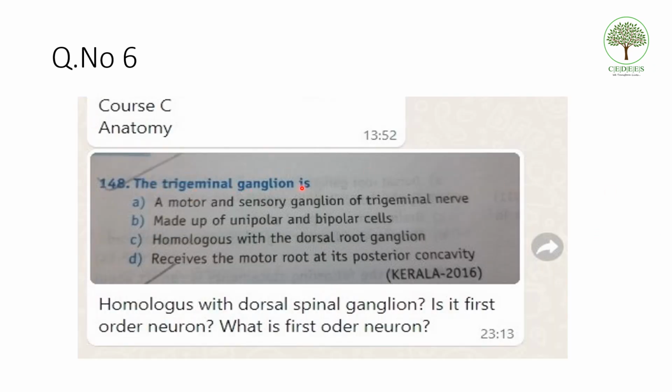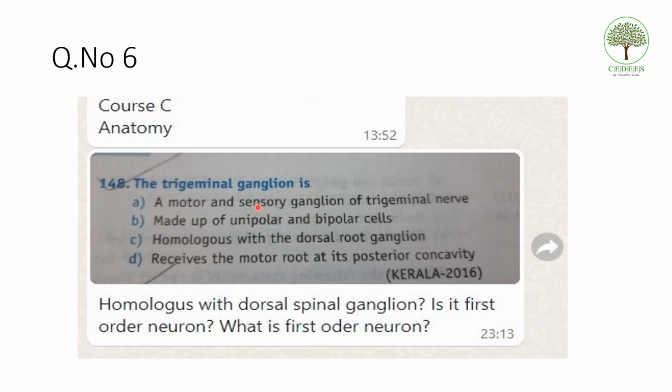The trigeminal ganglion: option A, a motor and sensory ganglion of the trigeminal nerve. This option is wrong, as the trigeminal ganglion is only sensory. The Gasserian ganglion is only sensory. Even though the trigeminal nerve is a mixed nerve, the motor fibers join the trigeminal nerve, but the ganglion is only a sensory ganglion.